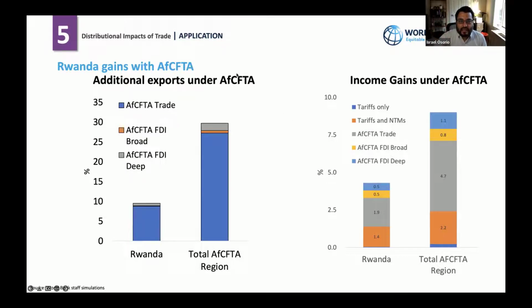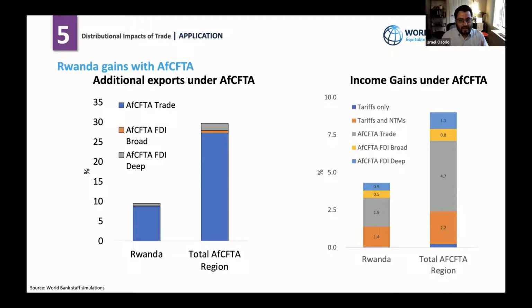What we see in Africa and in the case of Rwanda is that most of the gains come from the non-tariff measures, which are the orange side of the bar, and also from trade facilitation measures. Since tariffs are already very small, their reduction doesn't bring a lot of gains, not to Rwanda, not to the rest of the continent.